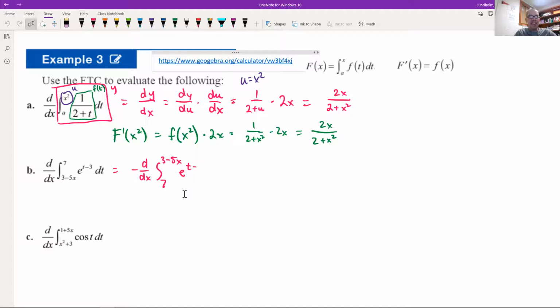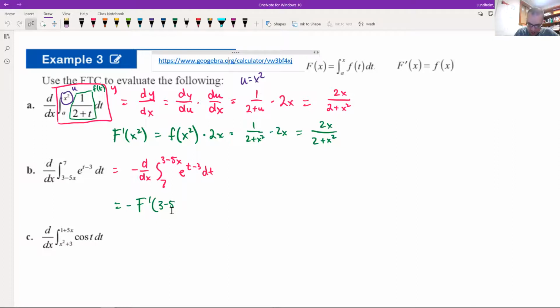And then we can do the same kind of thing. I would think of this as we've got the opposite of the derivative of the antiderivative, where 3 minus 5x is our input.